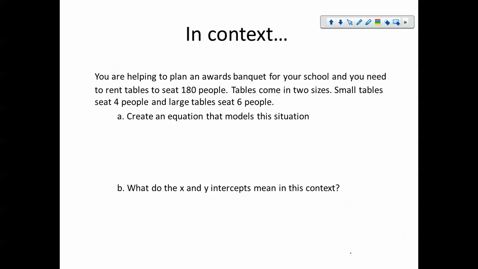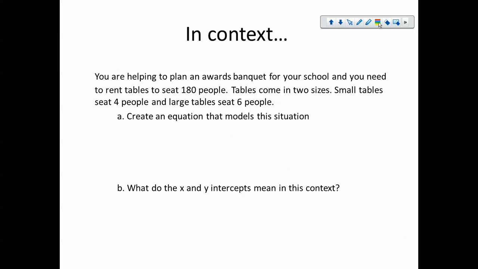Let's do something in context now. We are helping to plan an awards banquet for our school, and you need to rent tables to seat 180 people. Tables come in 2 sizes. Small tables seat 4 people, and large tables seat 6 people. So we need to create an equation that models this situation.